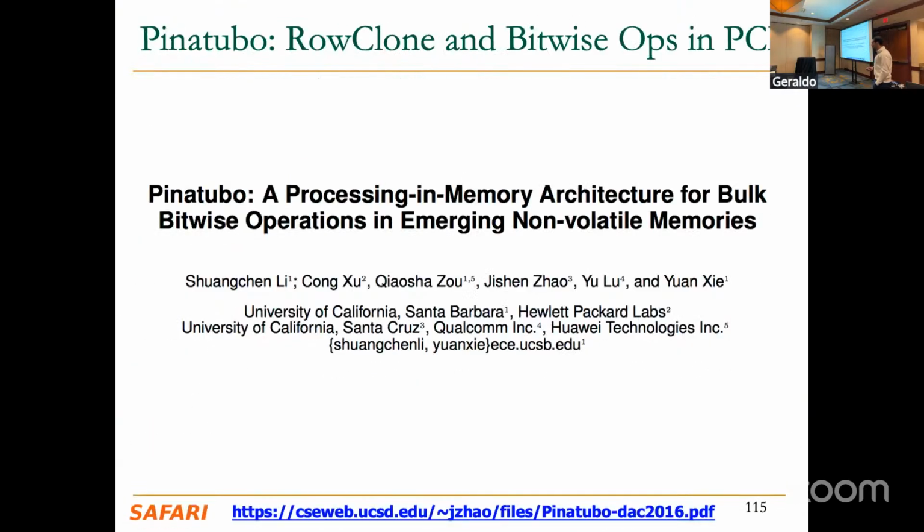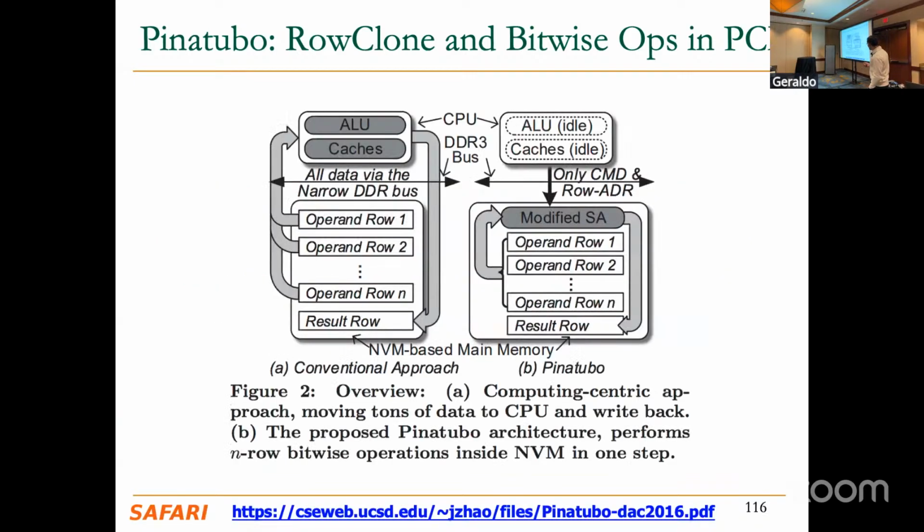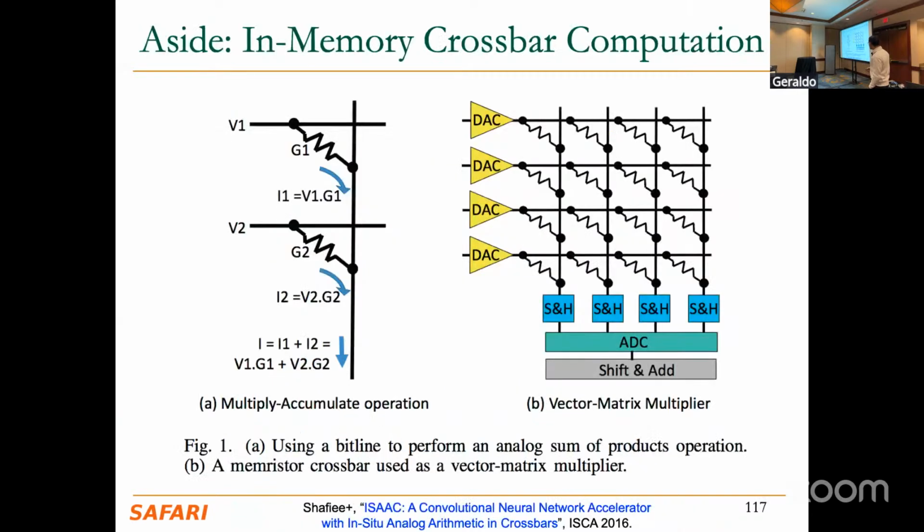There are other works that use emerging memory technologies to also do bitwise operations. Pinatubo is one of the first examples. They basically modify the sense amplifiers to sense or threshold different operations. And finally, those non-volatile memory operations have this nice property that they can do matrix multiplication in constant time by using current-based processing using memory operations.